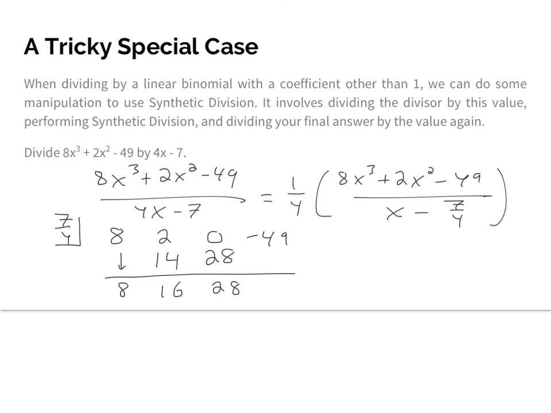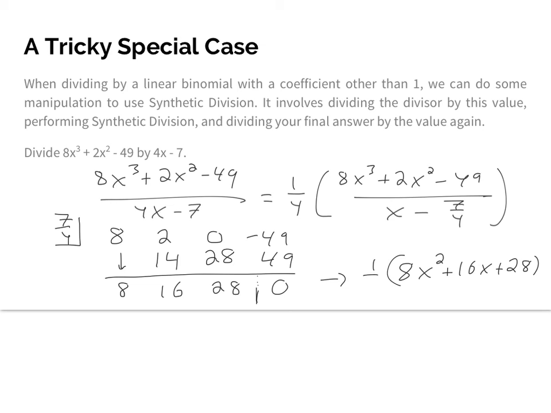And then do 7/4 times 28. The 4 and 28 cancel, leaving 7 times 7 is, oh, actually, that works out nicely. That's 49, which means my remainder is 0. So that translates into 8x squared plus 16x plus 28. But that's what is in parentheses.